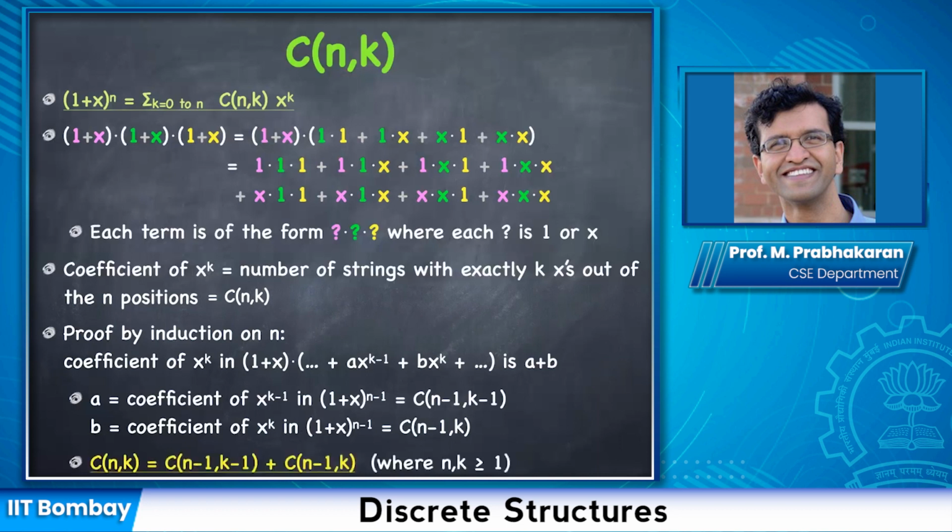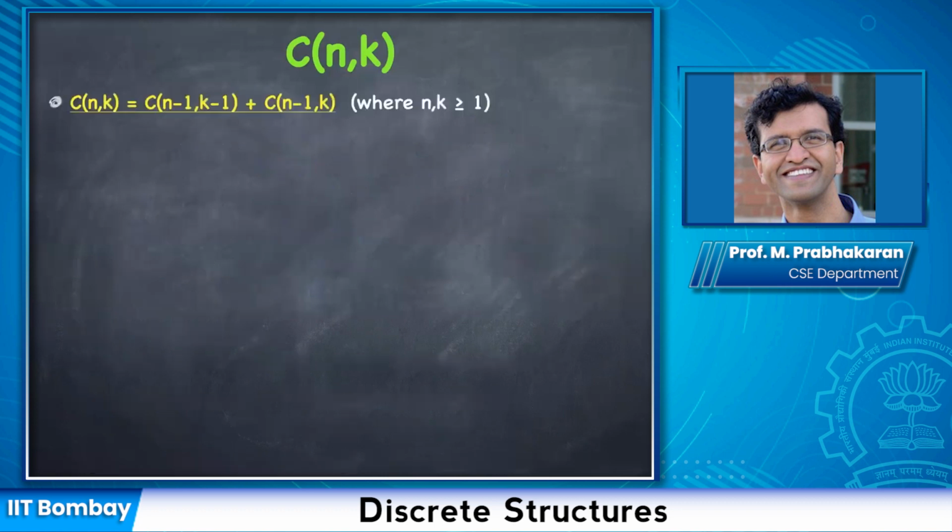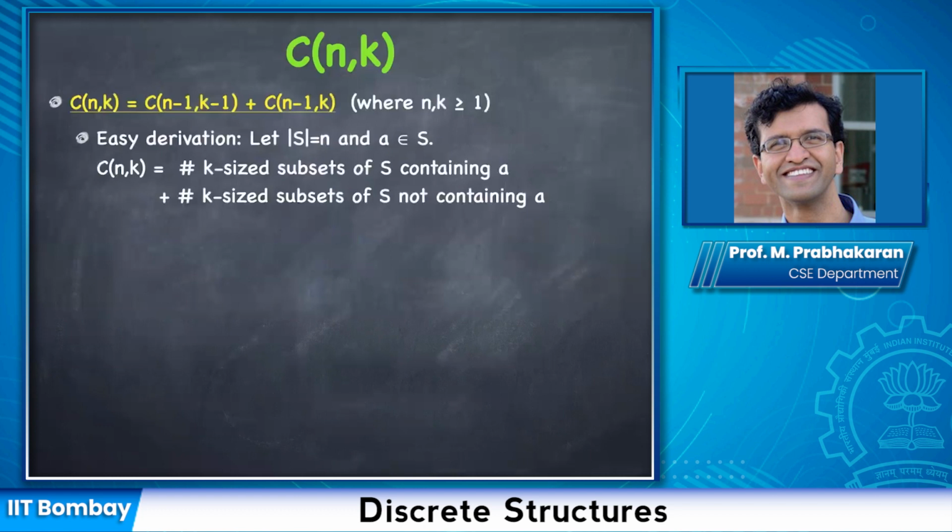So what remains to be done is to say that if you add this a and b up, you would get C(n,k). So you'll get n choose k. You can do that by substituting the expression in terms of factorials, or you can also do that very directly from the meaning of C(n,k), that it's counting the number of subsets of size k.